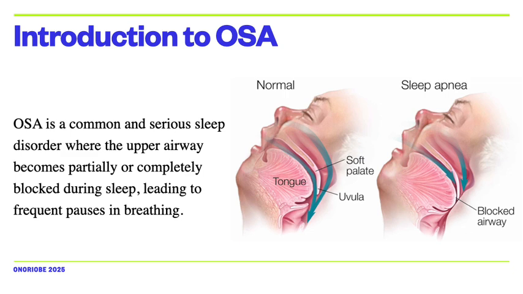On the left hand side here of this diagram, you have a normal sleep where air flows through the nostrils and through the mouth, goes past the uvula just behind the tongue and gets into the trachea down into the lungs, and that is normal. So in sleep apnea, that airway between the uvula and the tongue gets blocked, and this happens for a few seconds during sleep, leading to pauses.